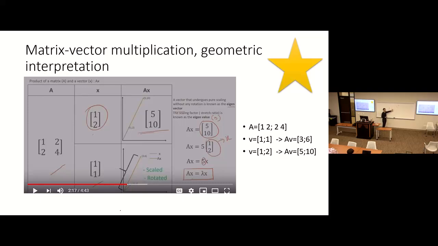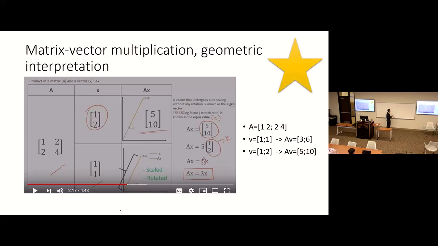It has to be squared: 2 by 2, 3 by 3, 4 by 4. If you have a 2 by 3 matrix, you cannot do this eigenvalue, eigenvector operation or calculation. And this vector is called this matrix's eigenvector.